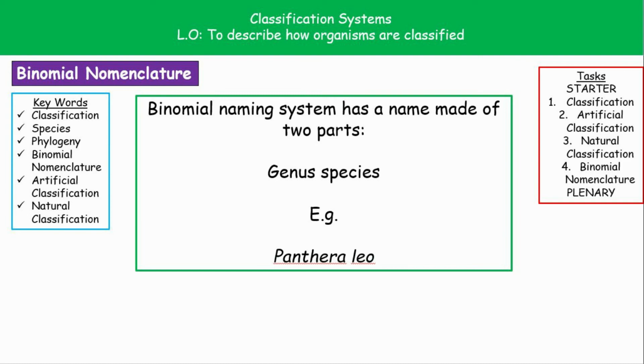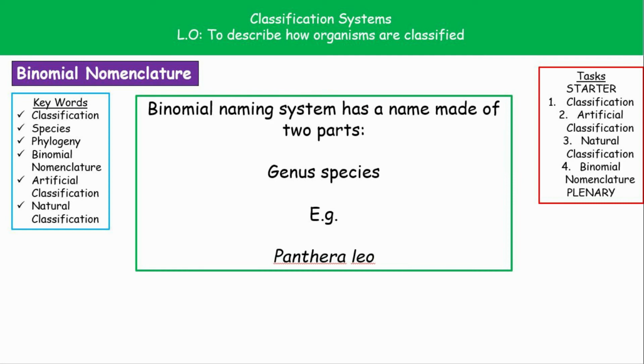And when we write these, there are really important rules to remember. Firstly, the genus should have a capital letter, and the species always lowercase. Then if you're doing this properly, you should write it in italics, but because very few of us write in italics, just underline it, because that shows it's the proper naming system, and that's how we write it in science.